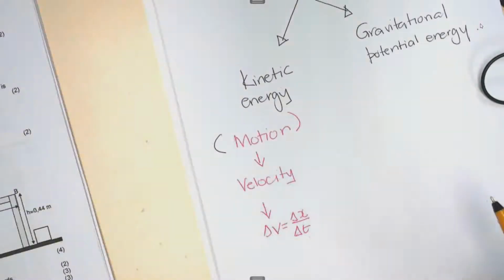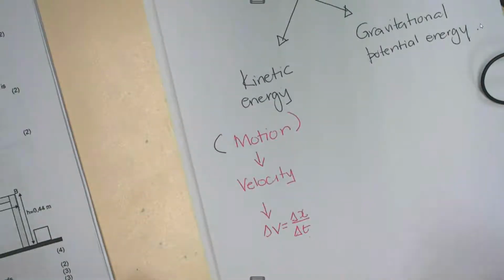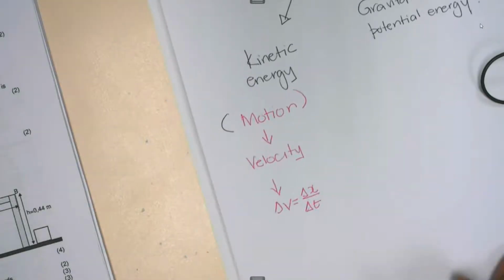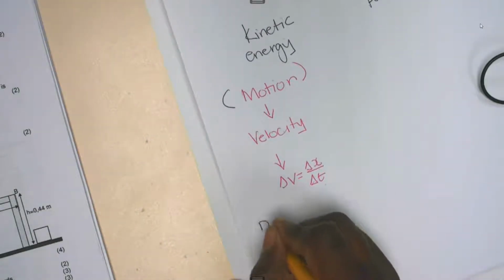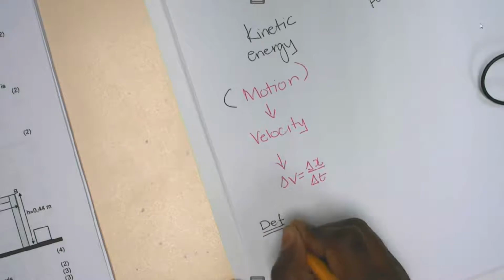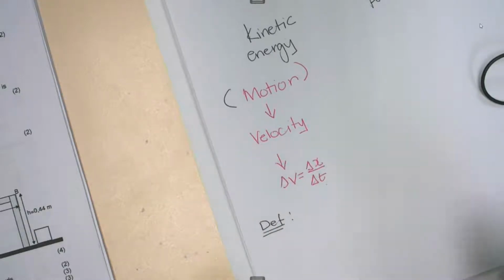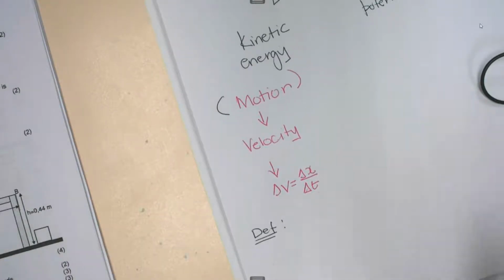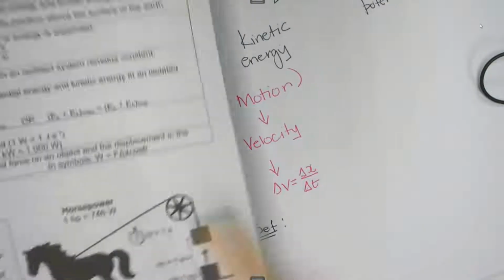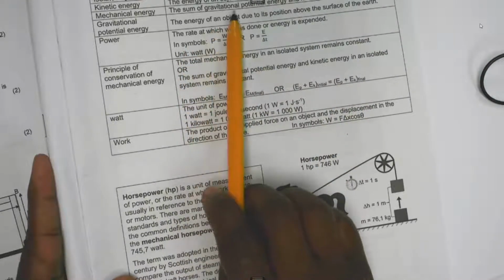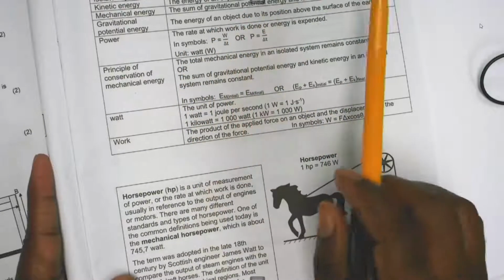So a moving object has kinetic energy. So you must know the definition. I'm not going to write it down because it's already here. The energy an object has due to its motion.